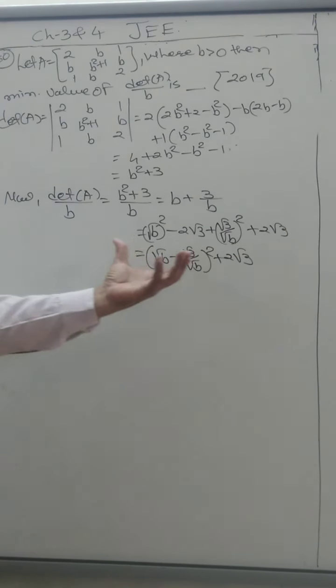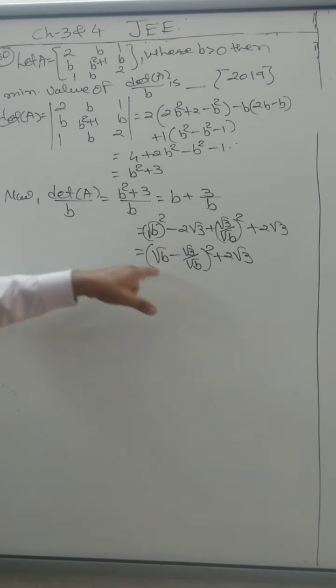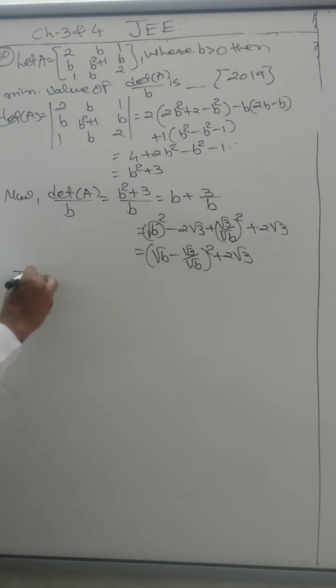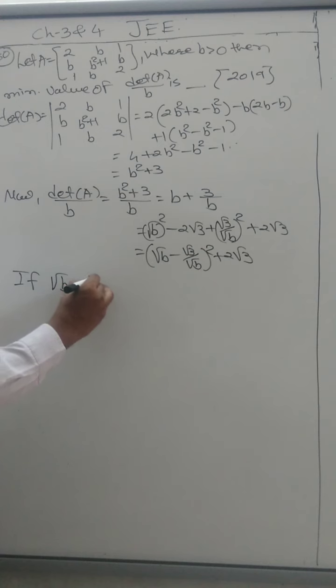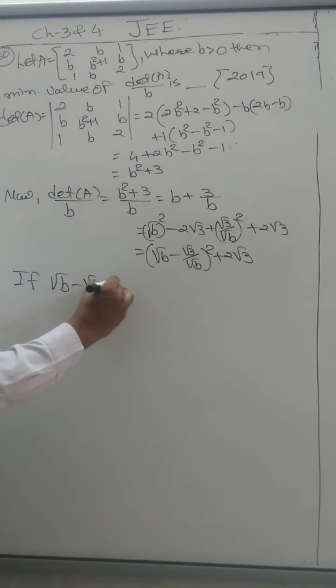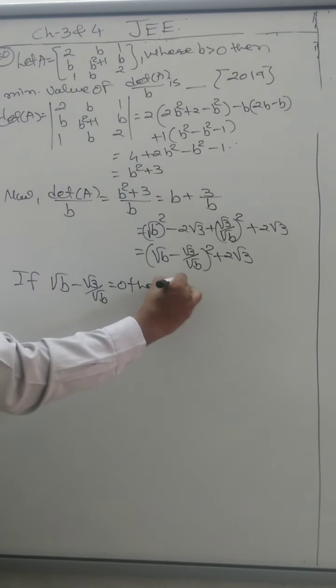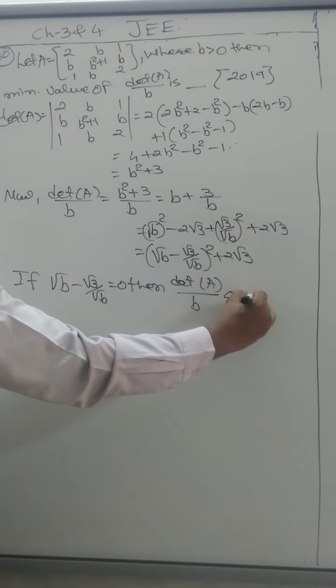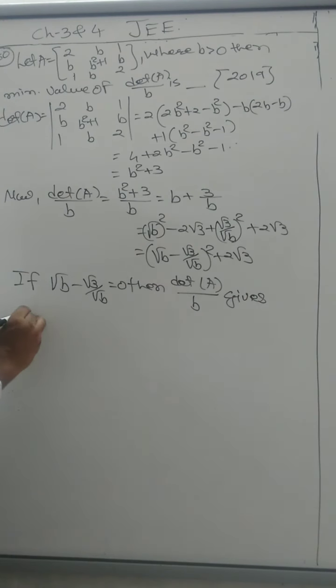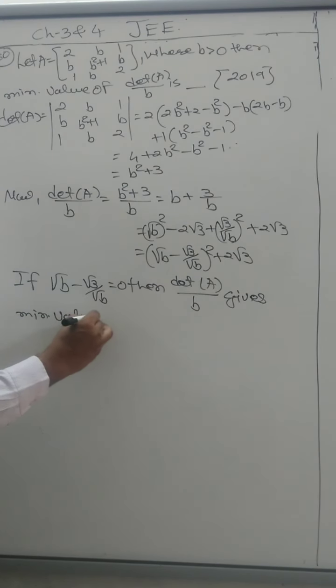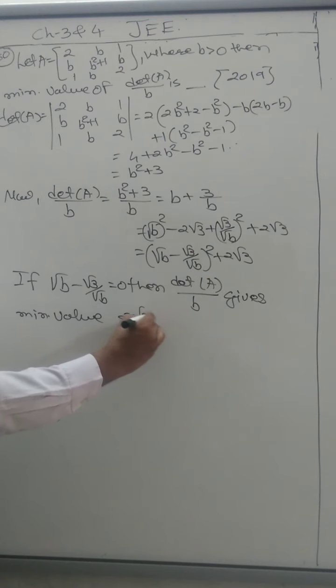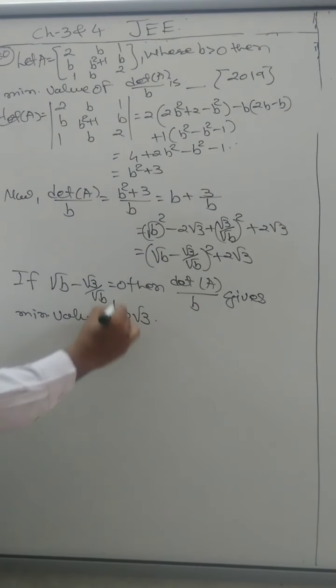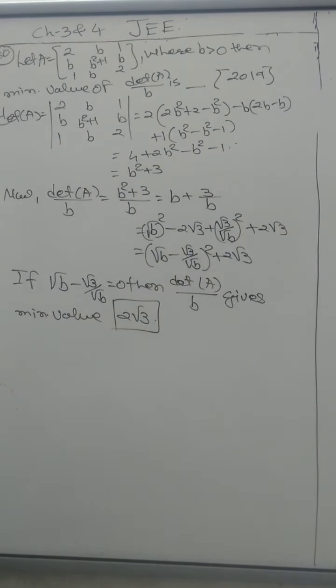If we want to find the minimum value of this, then the square term becomes 0. If √b − √3/√b is 0, then determinant of A upon b gives the minimum value, which is 2√3. Okay, so our answer is 2√3. The option is not given, but this is the actual answer. Okay, go for the next.